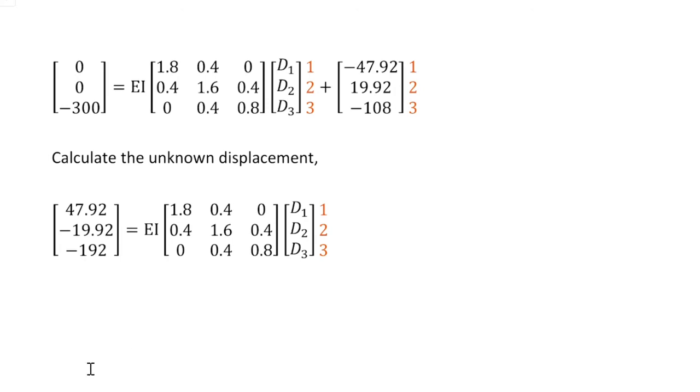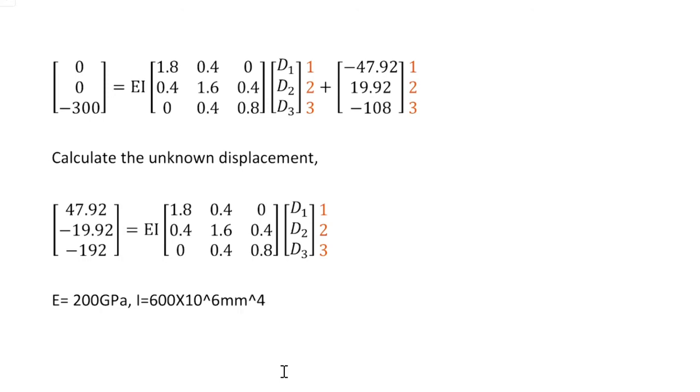Let's say E is equal to 200 GPa, and I is equal to 600 times 10 power of 6 mm4.